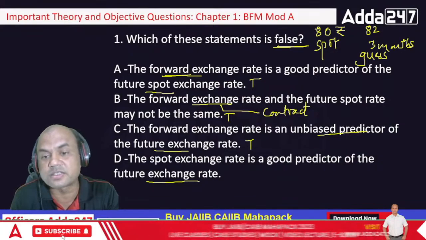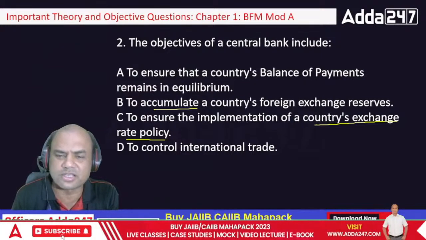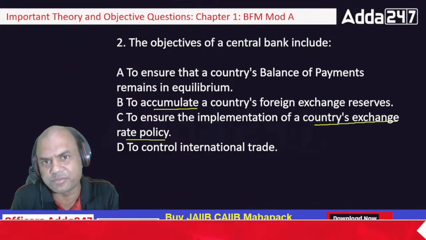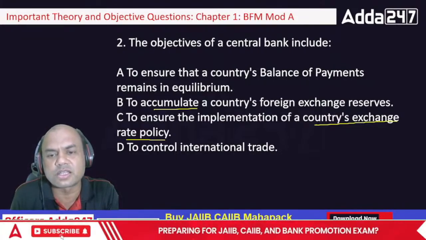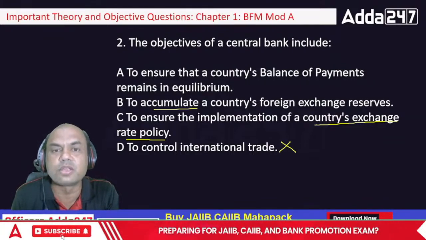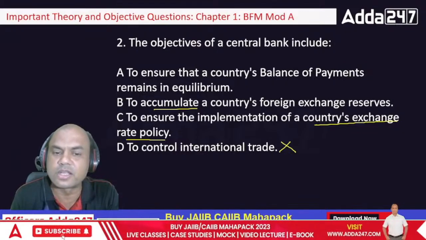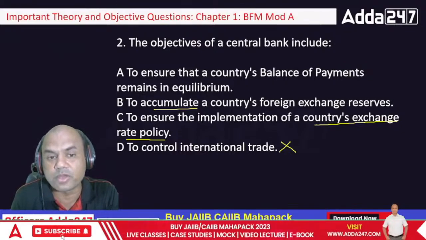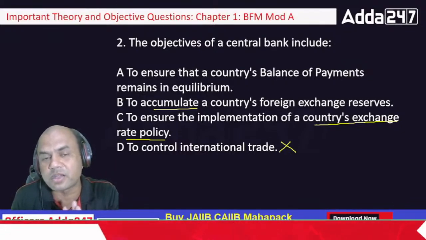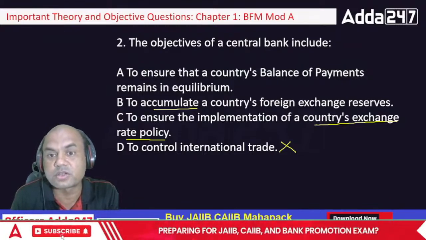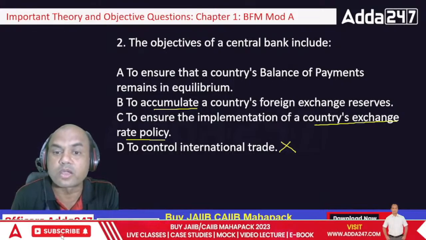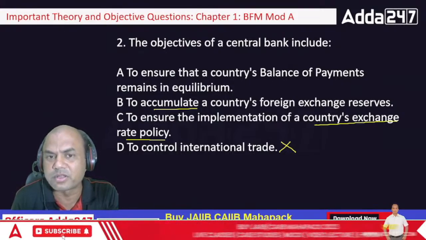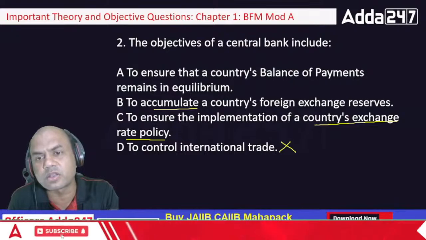Spot exchange rate is a good predictor of the future. So here, control international trade is out. Nobody can control international trade, so you can only be a participant in that. So that is out. Now we have to remove one out of these 3 which seem to be the correct ones. To ensure country's balance of payment remains in equilibrium. To accumulate means RBI goes on collecting the dollars over here.